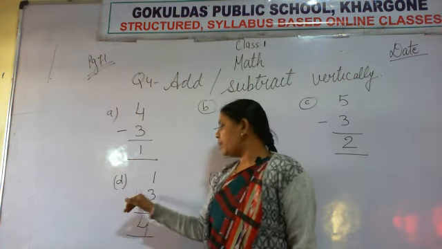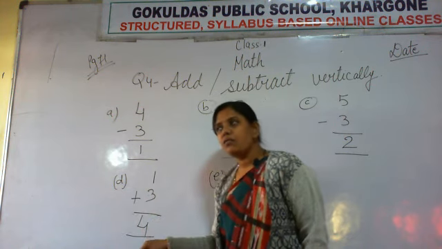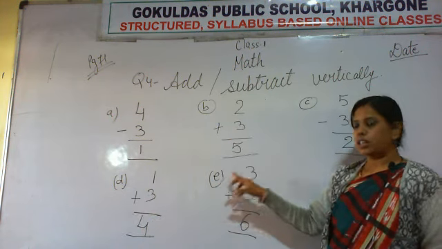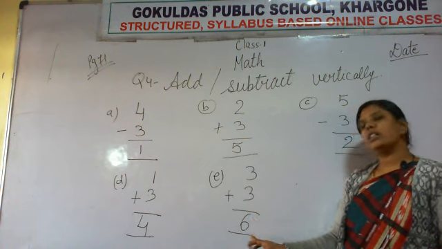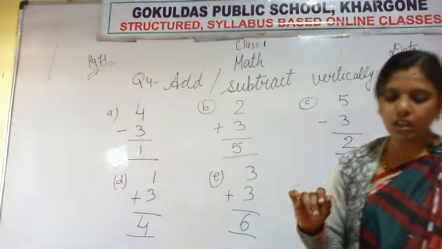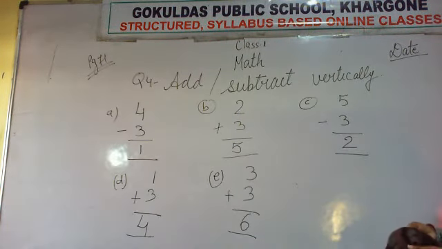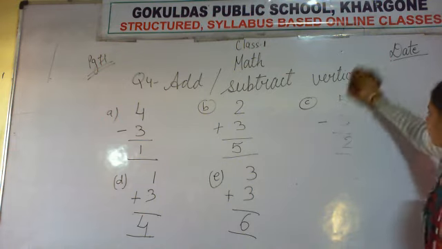Next, 1 plus 3 is 4. Last, E. 3 plus 3 is 6. I hope all of you have written. If not, you pause the video and see, or you can take a screenshot also.